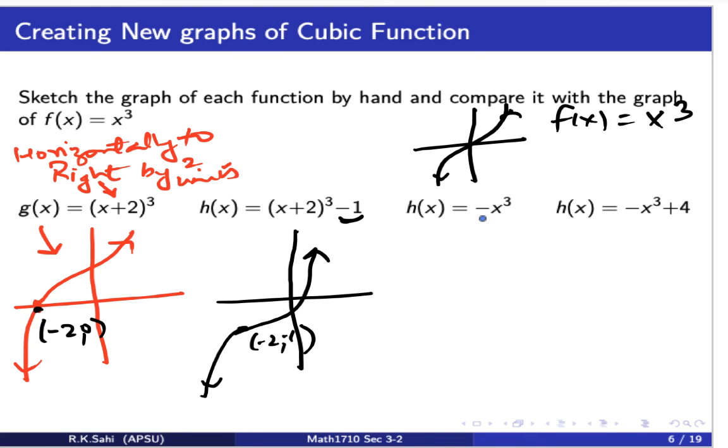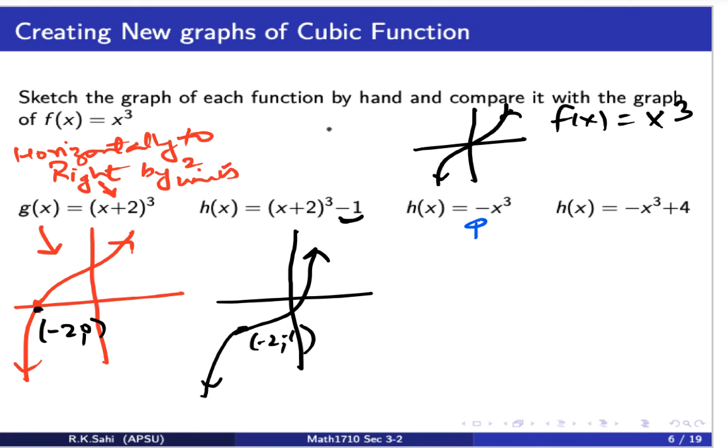I would not say it's a vertical stretch or shrink, but I would more look at it in terms of this graph flipping across the x-axis. So it's a flip across the x-axis. So minus 1 will change the values. And the best way to show it is to look at the values of x cubed. So I'm going to first write down the values of x cubed from the previous one, and then I will show you.